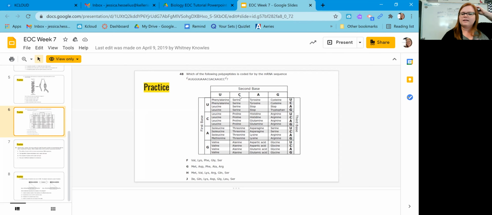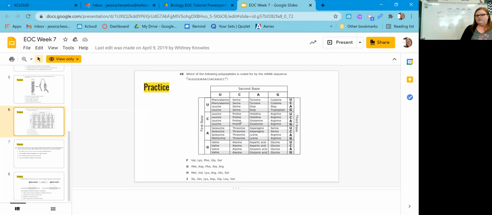C, second base, is in this box. And then A, and if you notice, all of these are the same amino acid. This is possible because there are 64 possible codons and there are only 20 different amino acids. So sometimes different codons give you the same amino acid. So CC anything gives us proline.